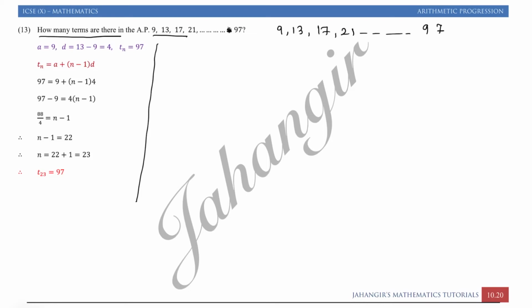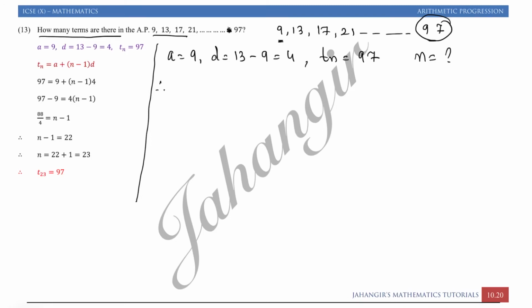So you have to find from 9 till 97 how many terms are there. So we can write first term as 9. Common difference is 13 minus 9, which is 4. And last term, this is my nth term, that can be written as Tn, which is 97. We have to find number of terms.